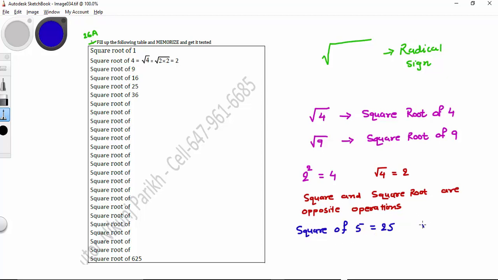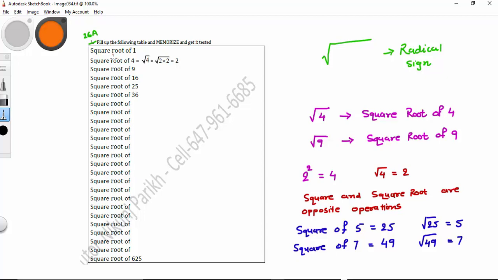And square root of 25 is equal to 5. Similarly, square of 7 is equal to 49 and square root of 49 is equal to 7. I hope this is clear to you.